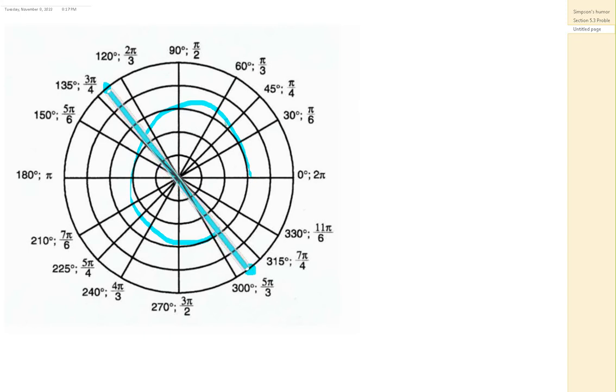So through here. Let's keep consistent. We're working in degrees here, so what would you do if you're working in degrees? We want to get to 130 from 310.